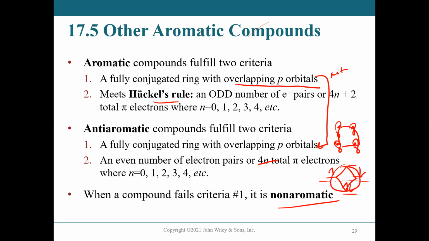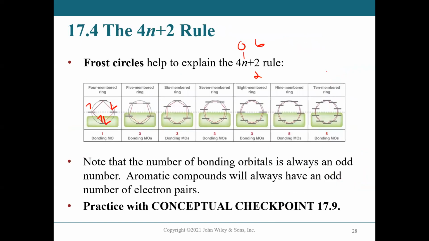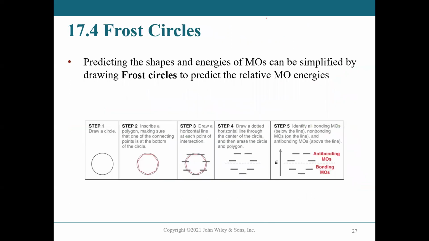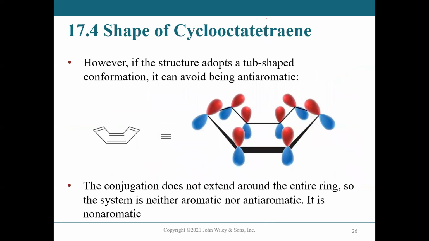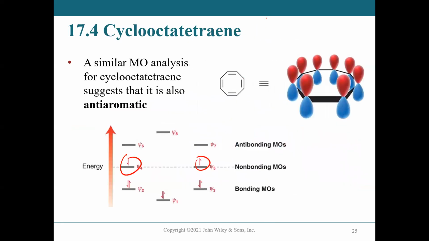And we have them in the anti-bonding orbitals, and you can even tell it's 4n plus 2. If we put a whole number in here, 0, we're only going to get 2, and we have 4 pi electrons. So you can use this right here to tell you which one's in the anti-bonding and which one's in the bonding. In this case right here, we did have some that were non-bonding though. I want to point that out.